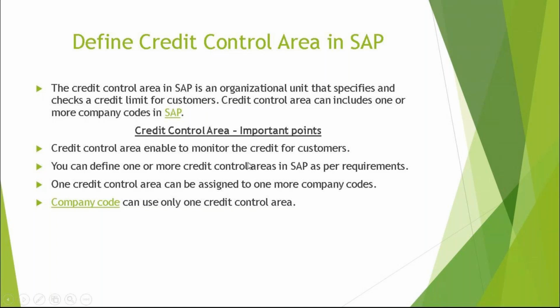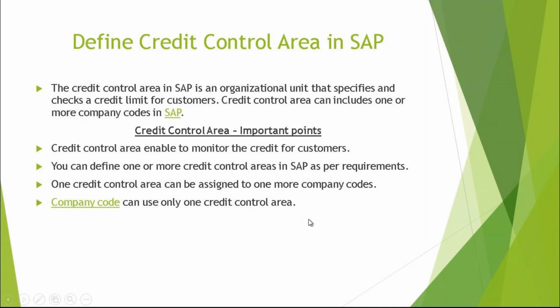Whatever credit I give to the customers, I will monitor with the help of the credit control area. This is used for SD, sales and distribution, but it will be created in FI, that is financial. So you can define one or more credit control areas in SAP as per the requirement. One credit control area can be assigned to more than one company code, but a company code can use only one credit control area.